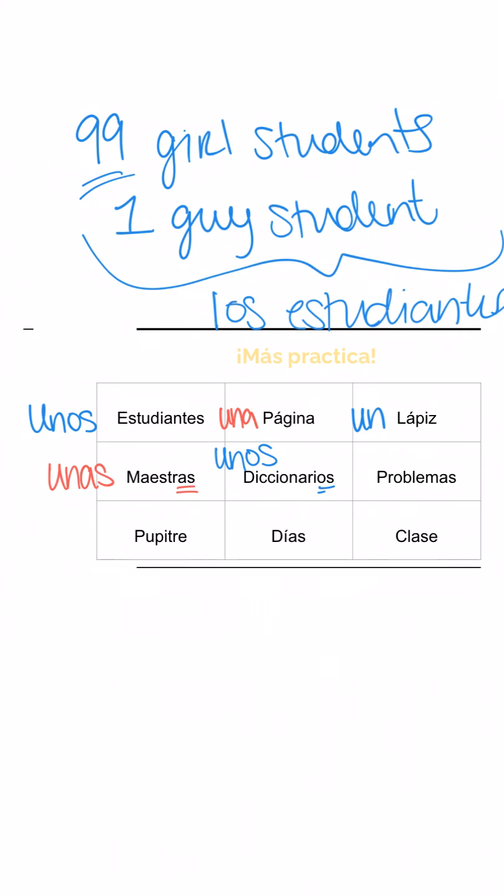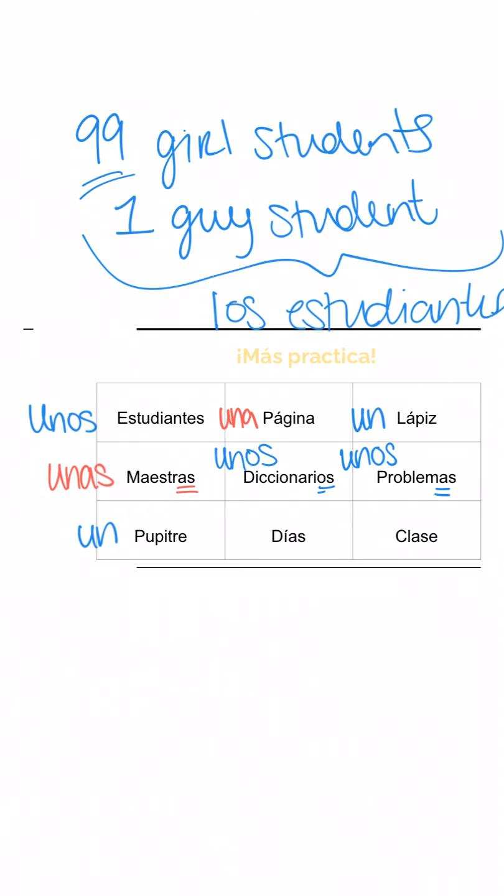My next word, problemas. Remember, it looks like a feminine noun because of that AS ending, but at this point, we should try and remember that it is masculine. So if you've got some problems, then go unos problemas. All right, my next one down here is pupitre, which we did earlier. It is a masculine noun and singular, so you have un pupitre.